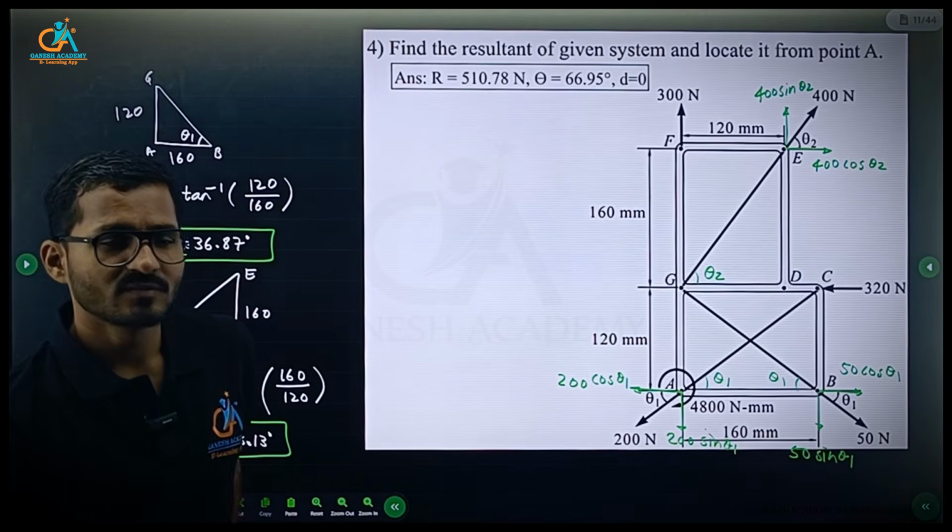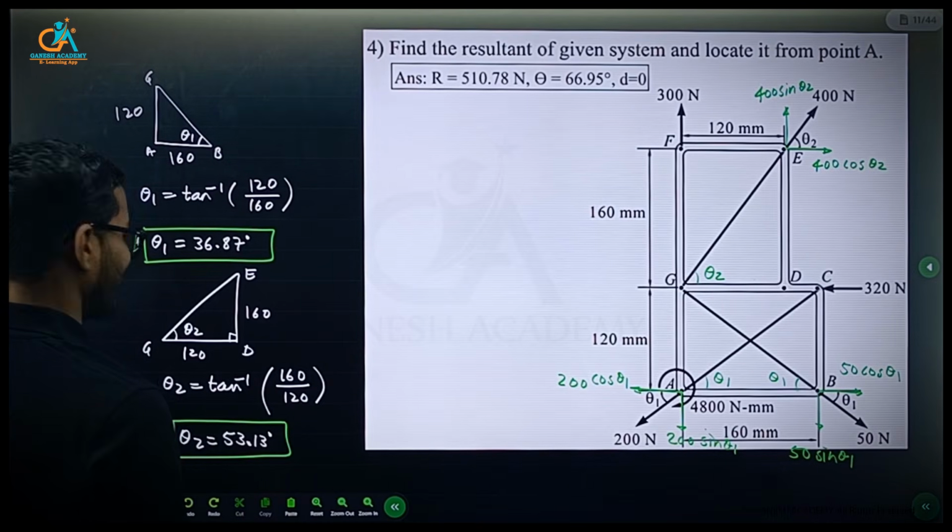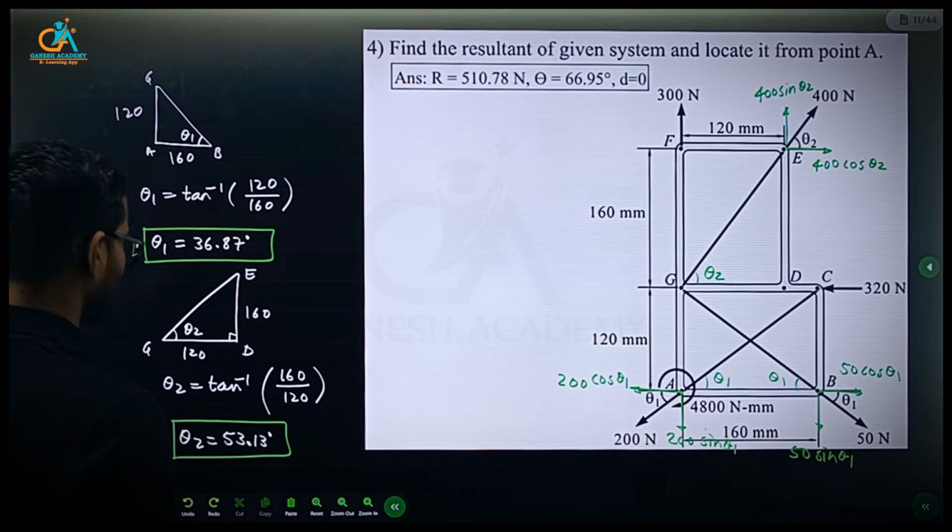So we will find the resultant by using the same steps as in the previous numerical.